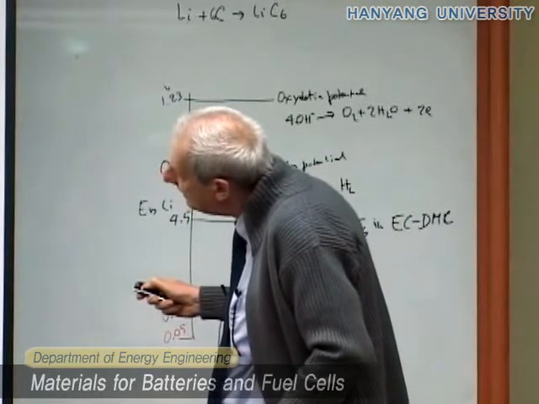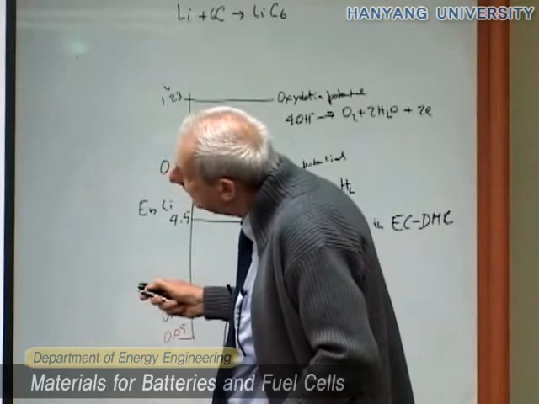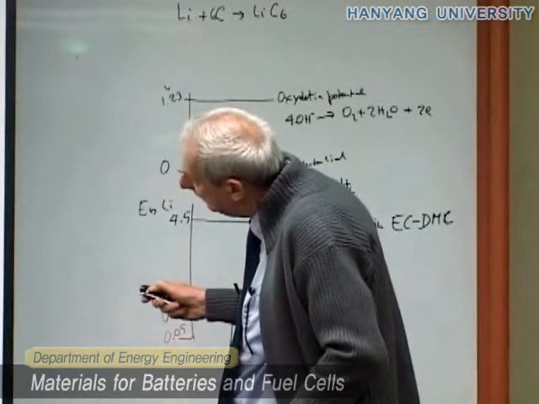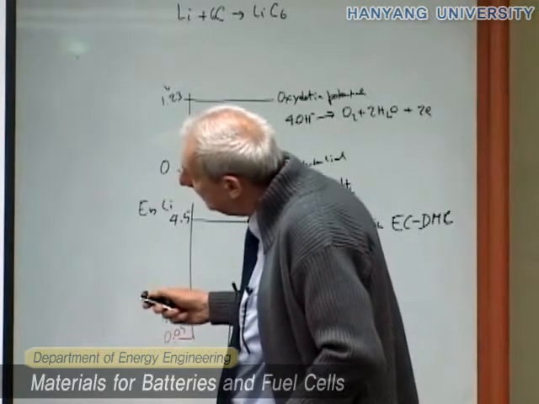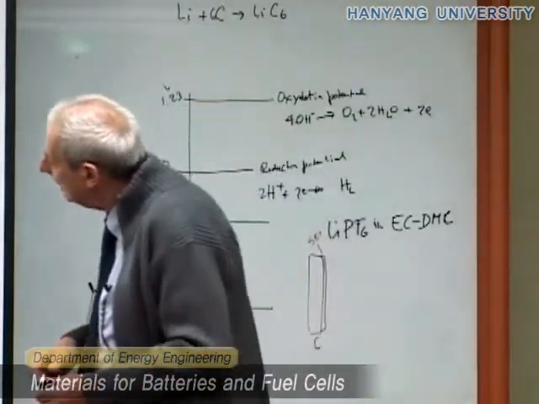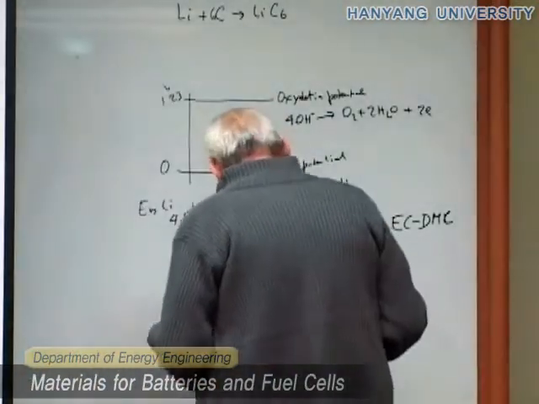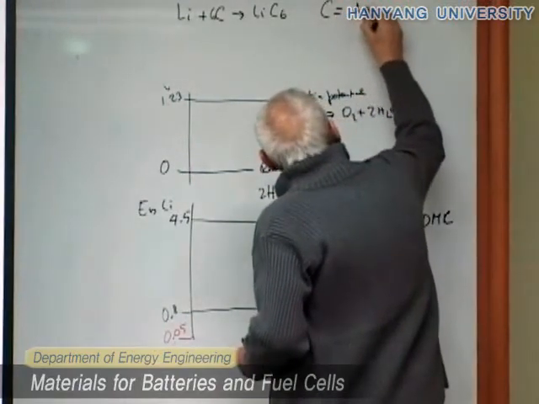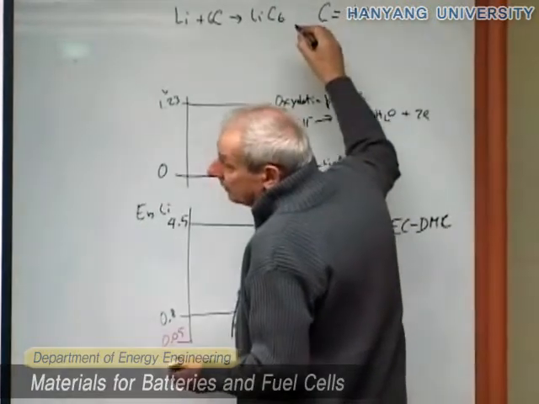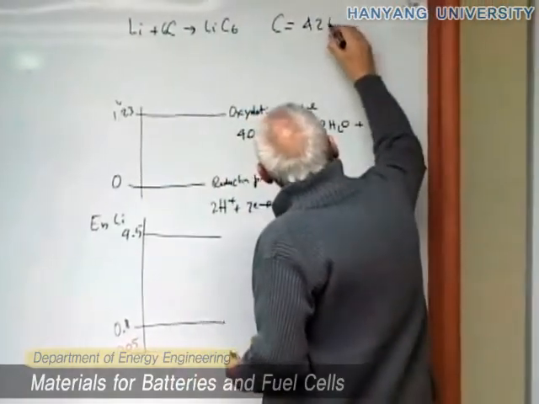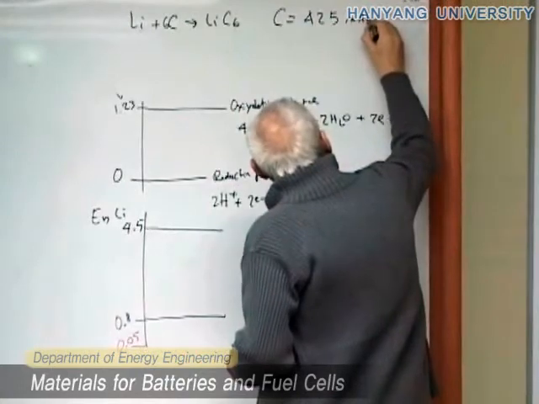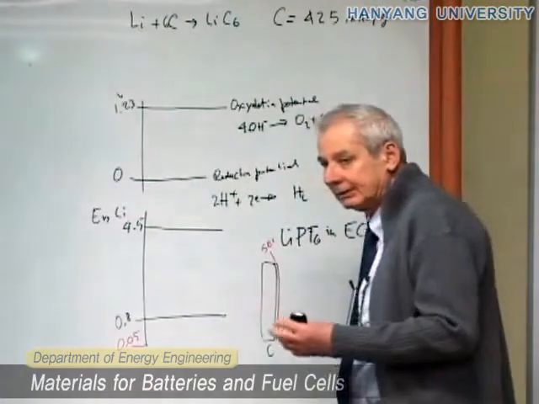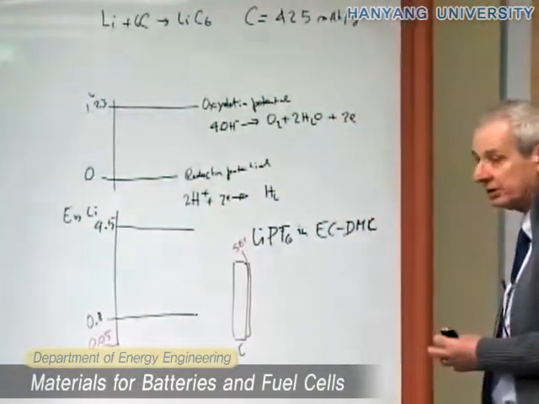And then we have all these plateaus, and at the end, we have a capacity of 420 something, right? 25 milliampere hour per gram. Remember, the capacity tells you the amount of charge that is passed to the cell.